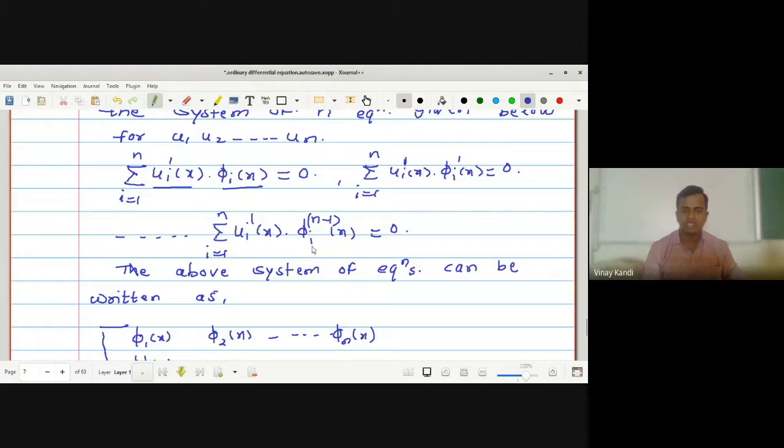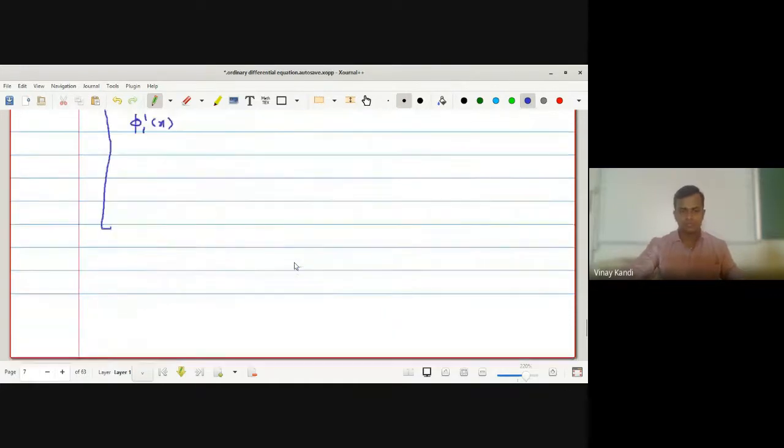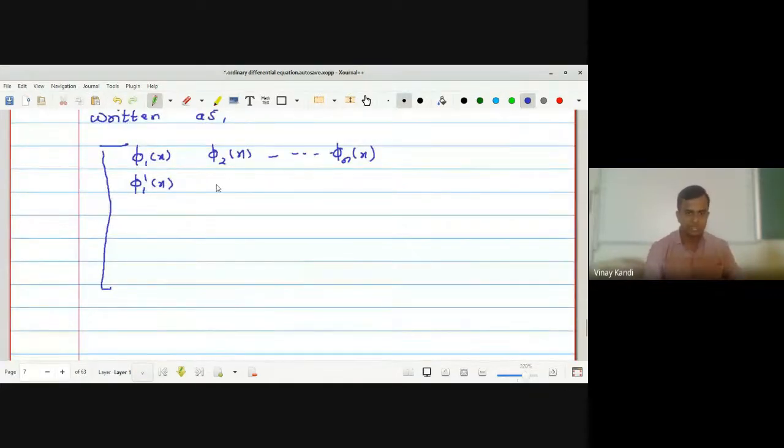In this equation these are all your coefficients, the coefficient matrix. So phi 1 dash, phi 2 dash of x up to so on phi n dash of x.